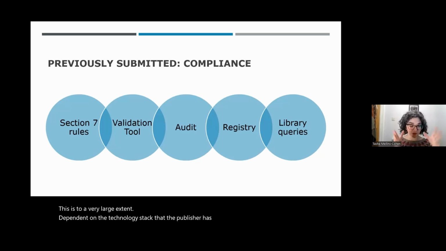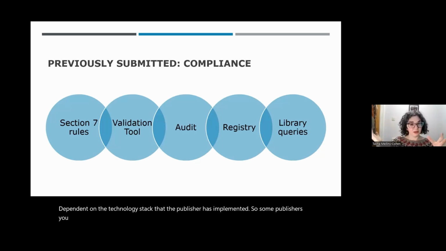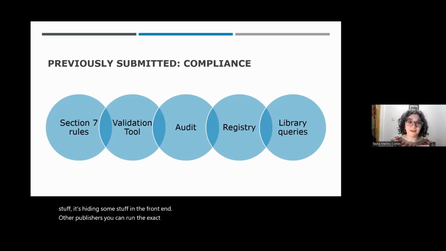So some publishers, you run a search, if you then filter it, it's not running a new search, it's just hiding some stuff in the front end. Other publishers, you can run the exact same search and apply the exact same filter, but the back end is running a completely fresh search.